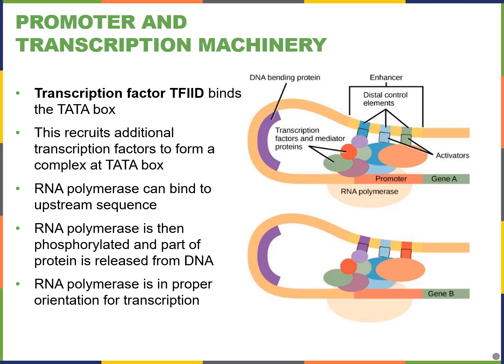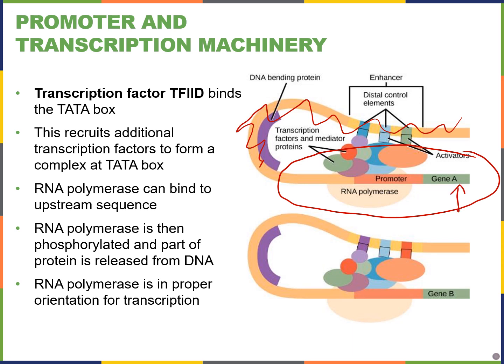So here's another look at that picture that I was trying to sketch. Let's ignore the other stuff for now. We're just going to focus on this right here. Here is our gene of interest, gene A. Here's my promoter that's upstream to gene A. And then I have, it's not really labeled, but one of these transcription factors will be my TFIID that is binding to the TATA box. And the TATA box isn't labeled, but it'll be around here in the promoter region.